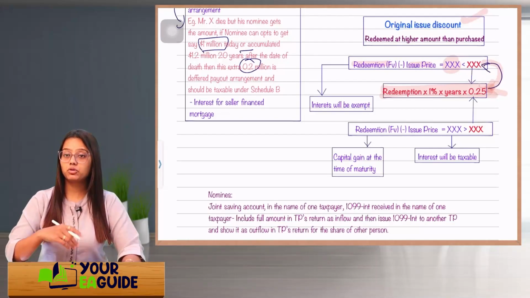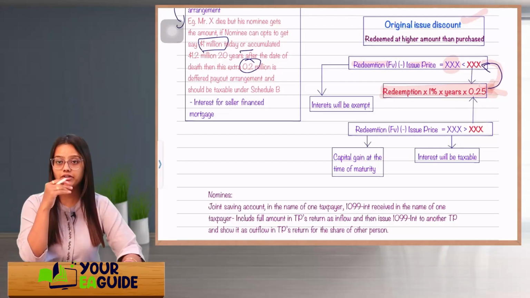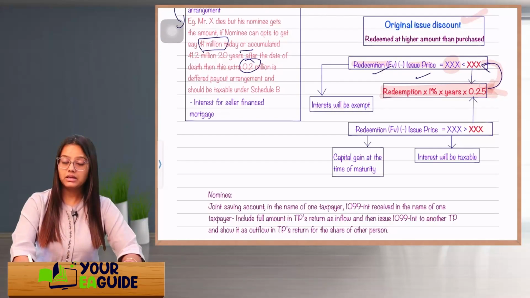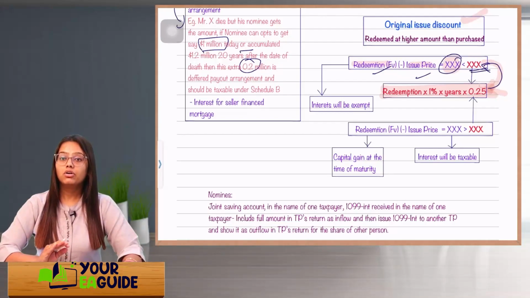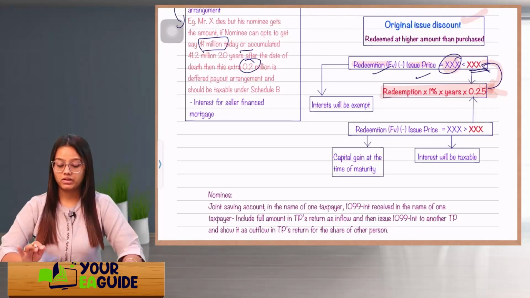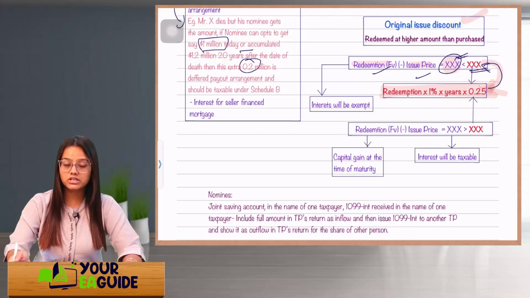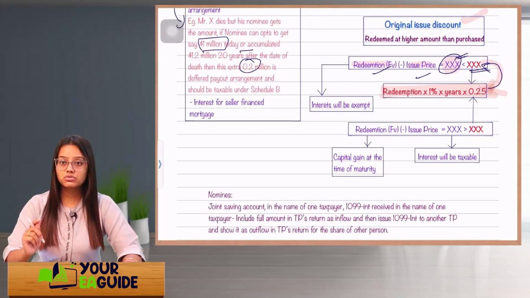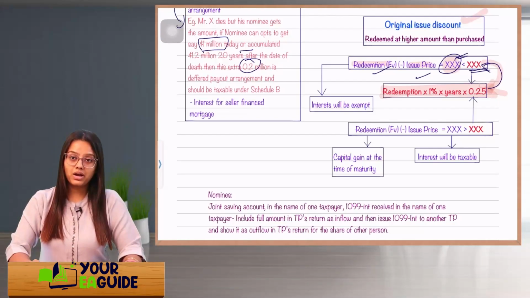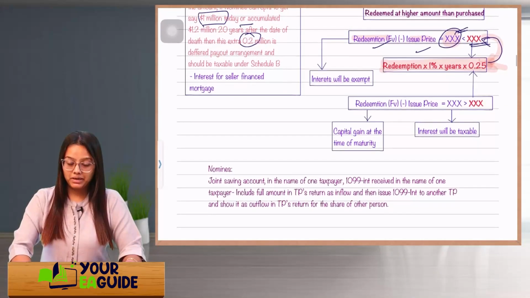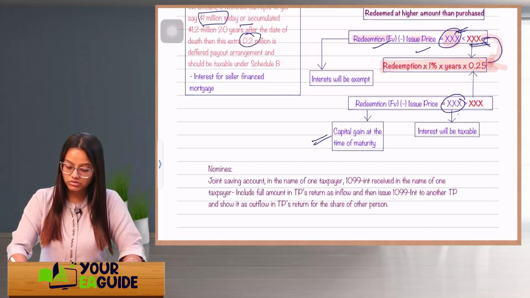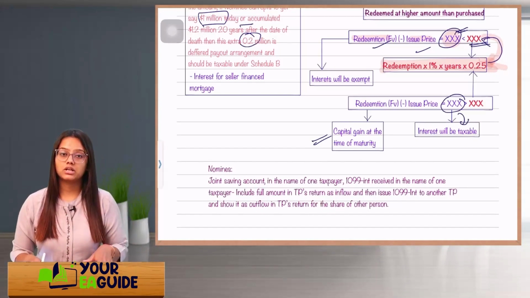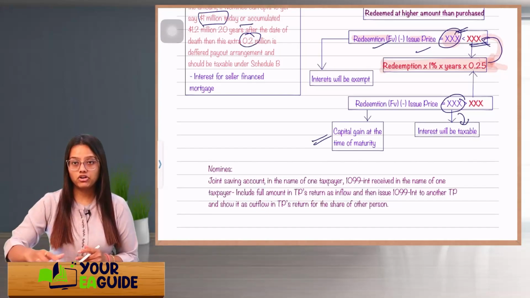If the difference between face value and issue price is within this limit, then there is no need to include it as interest income. Else, this is your interest, the amount you have earned. But if it is more than this, then capital gain will be charged at the time of maturity, and this portion will also be charged as interest income. Okay, I hope you understand this.